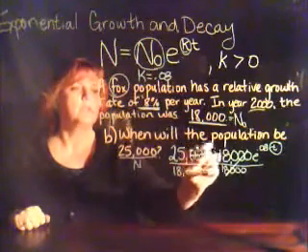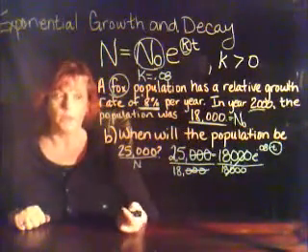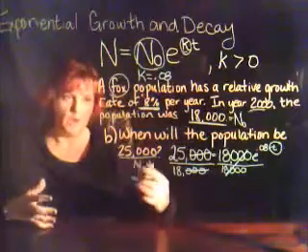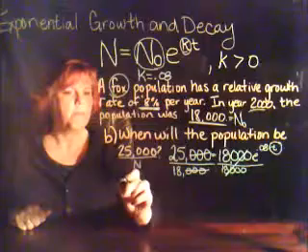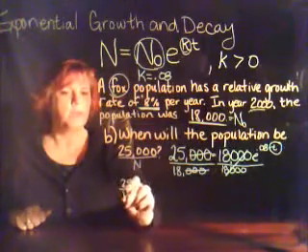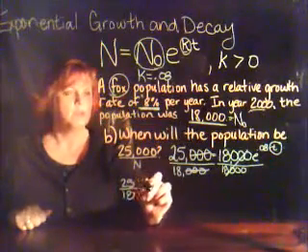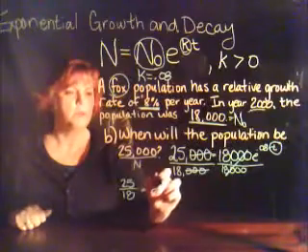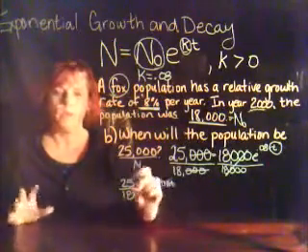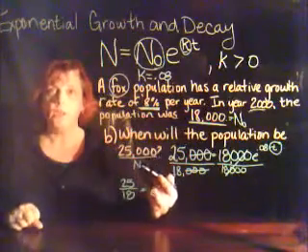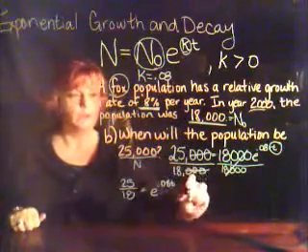I'm going to just cancel these out so I don't have to carry the same numbers around, but I'm going to keep it as a fraction, keep it nice and neat. So I have 25 over 18 is equal to e raised to 0.08t. I can rewrite this by taking the natural log of both sides of the equation.